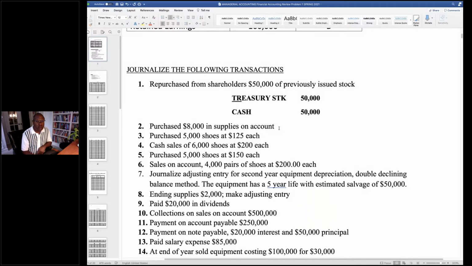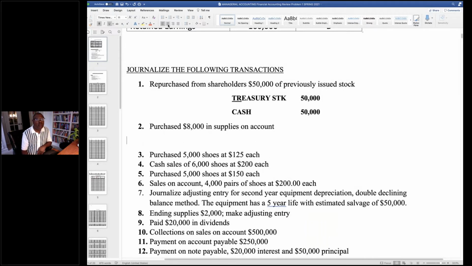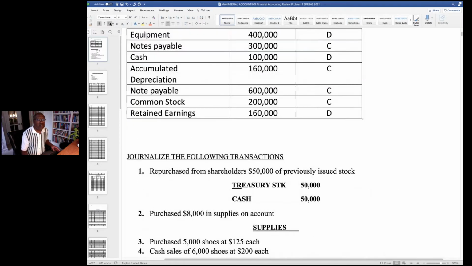So we'll just put them on this sheet here. What are we going to debit in this journal entry? We purchase supplies. I'm supposed to underline everything.